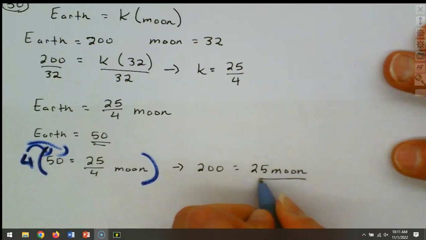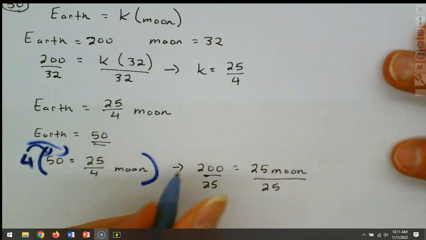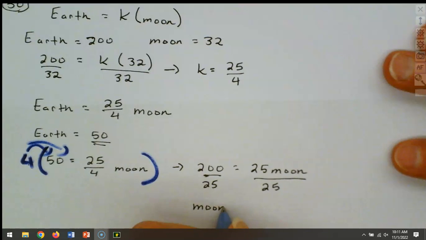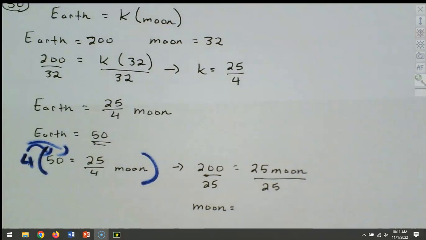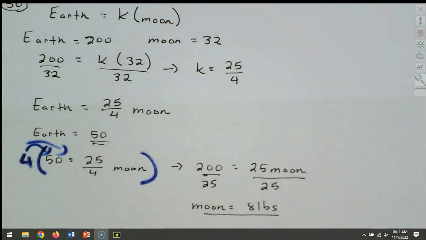We'll divide by our 25. And how much should that dog weigh on the moon now? On the moon, that dog is only going to weigh now what? 8 pounds, isn't it? Right? Because 200 divided by 25, that comes out to be 8. So that dog on the moon would weigh 8 pounds.